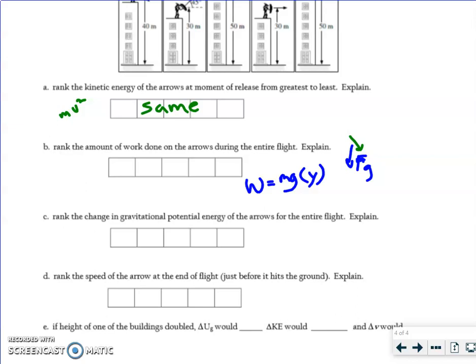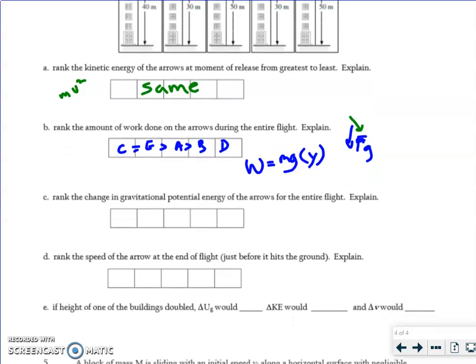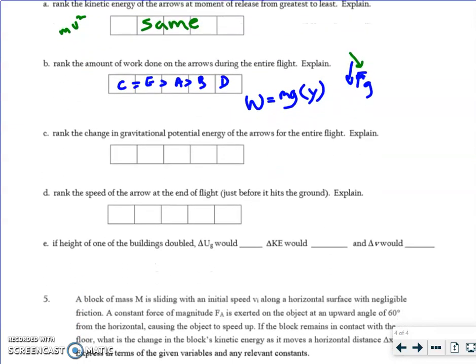Okay, in other words, which is the tallest building? Well, that's going to be C and E, right? They're going to be greater than the 41, which is A, which is going to be greater than B and D. So again, the angle doesn't matter. All that matters is the change in height, and that's really easy to work with.